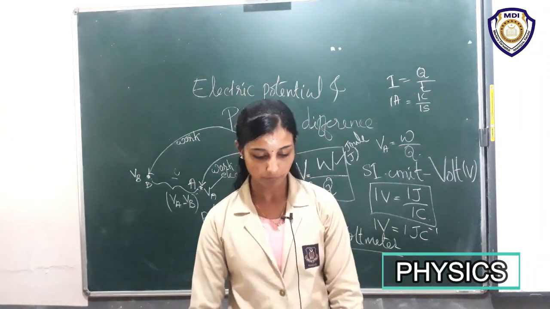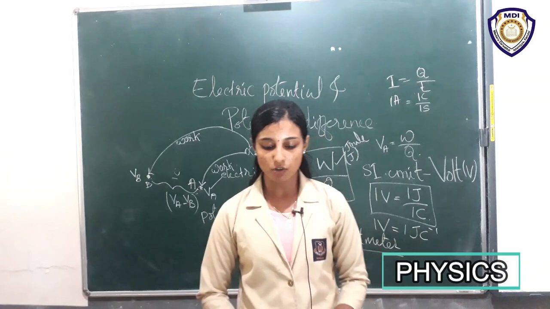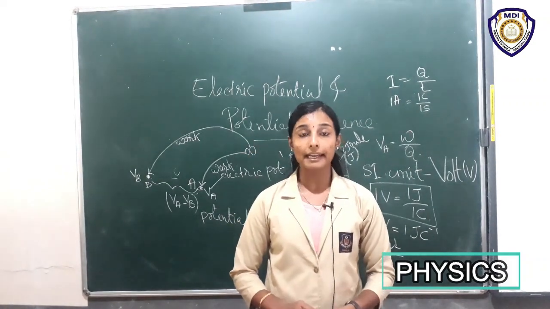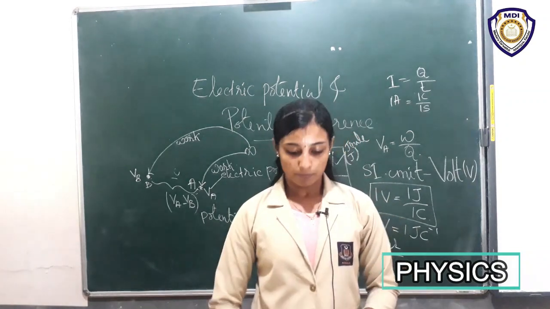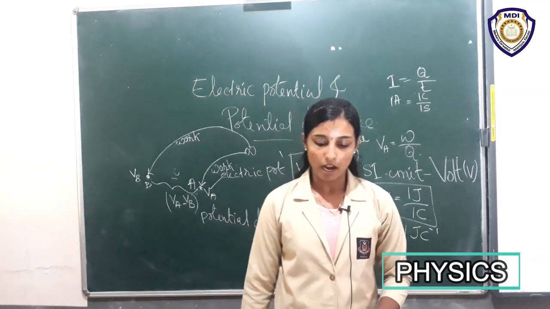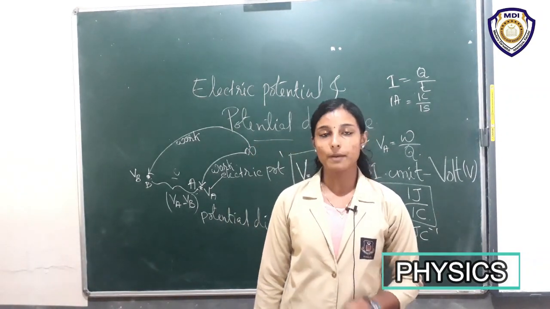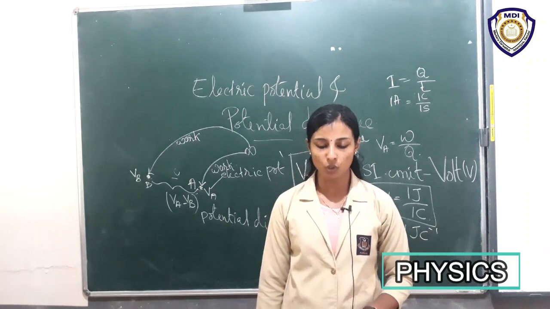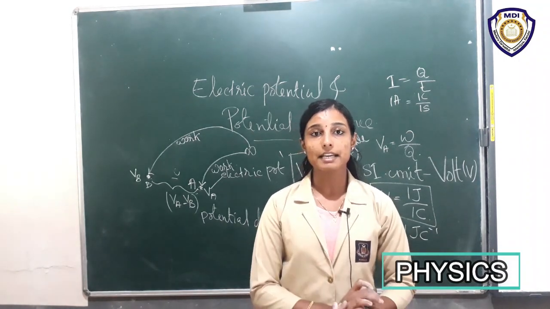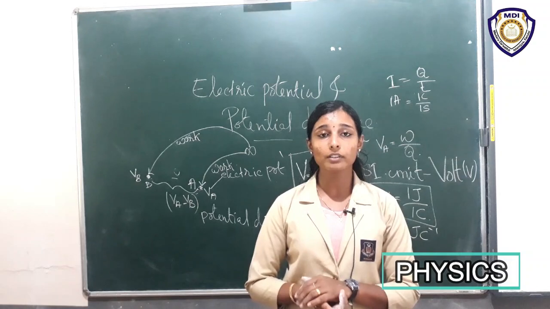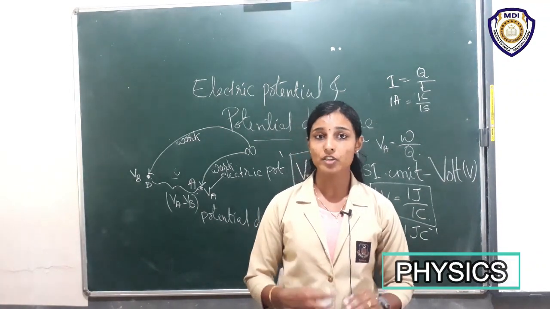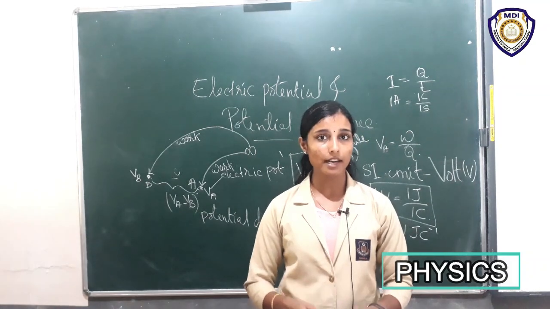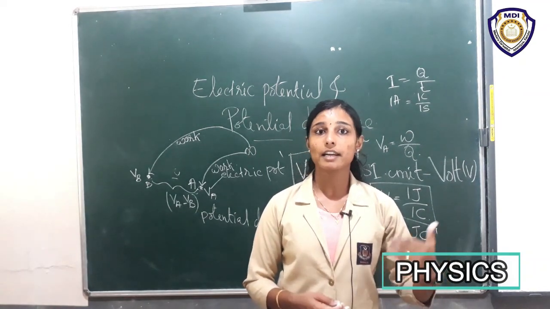And the voltmeter is always connected in parallel across the points between which the potential difference is to be measured. How is the potential difference measured? It is measured using a voltmeter, right? How is the electric current measured?